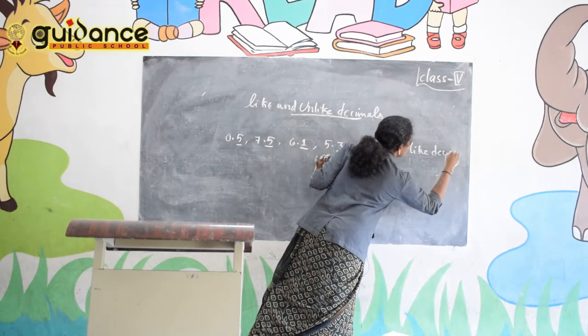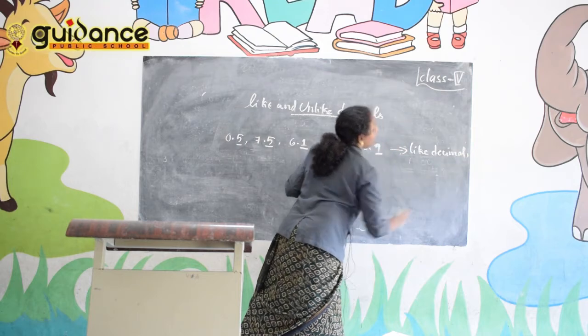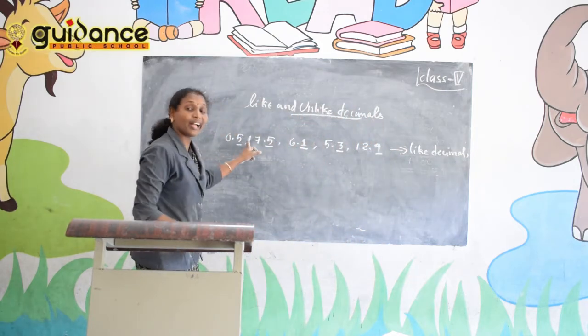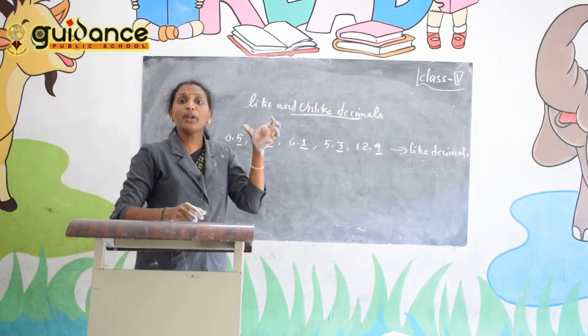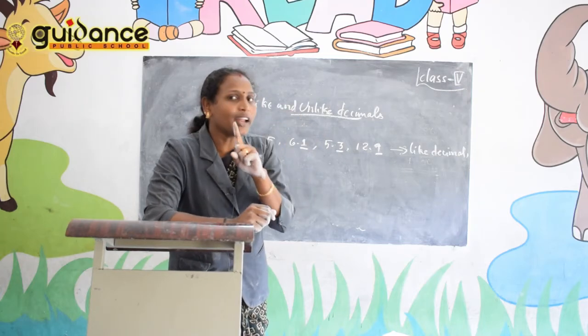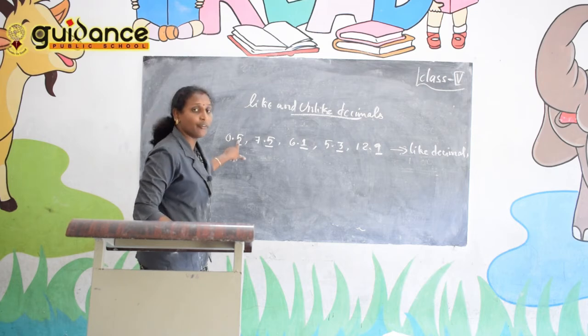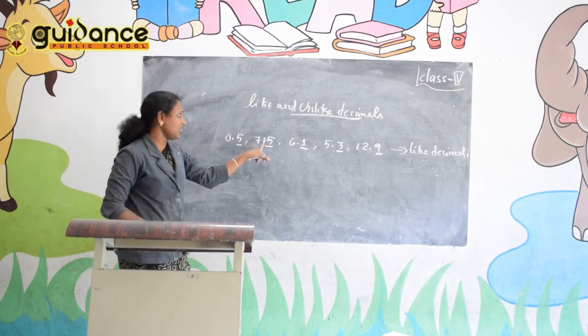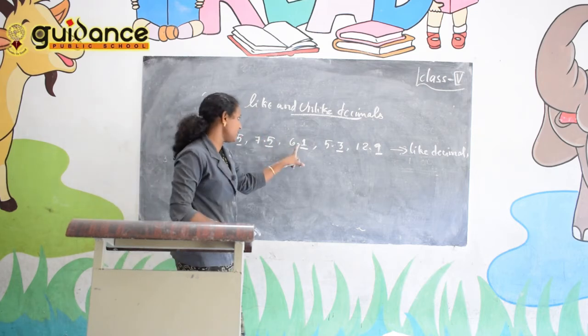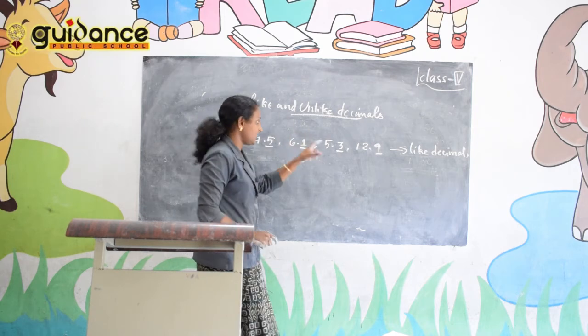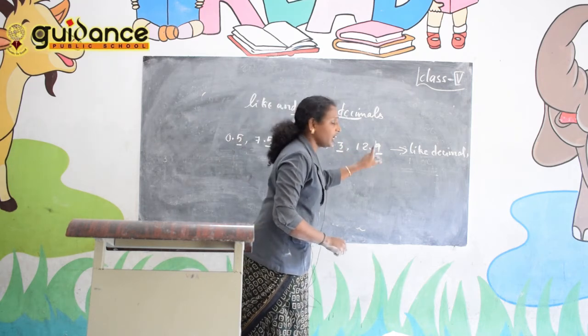So for like decimals, the fractional part must have the same number of digits. In 0.5, after the decimal point there is only one digit, here also one, here also one.